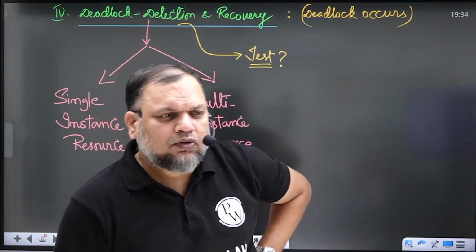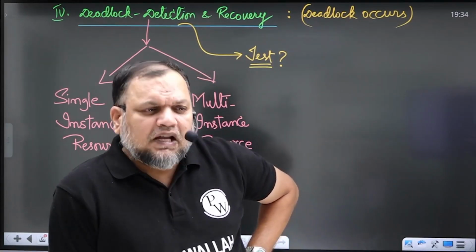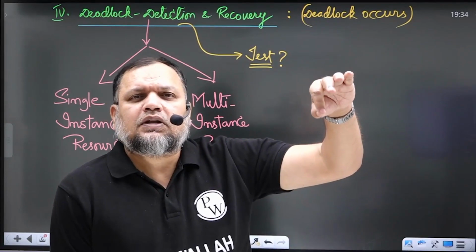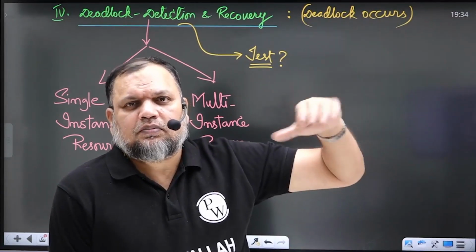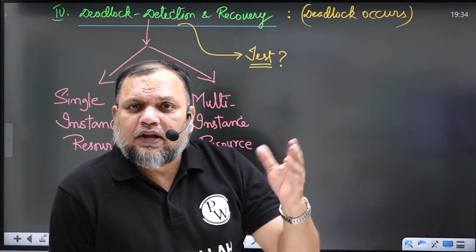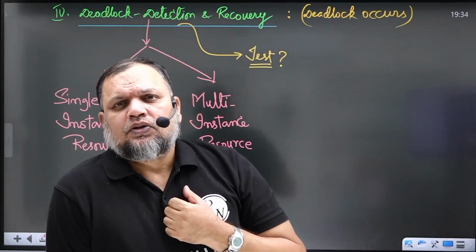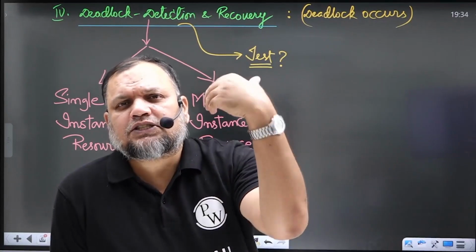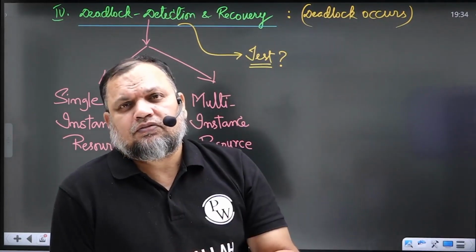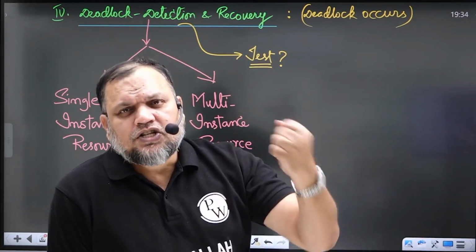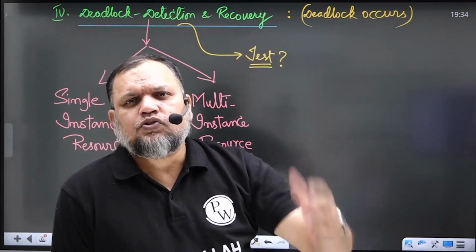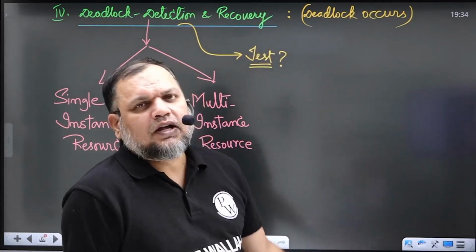In the literature it is not there, but based on my experience, deadlock detection and recovery is just like a doctor's algorithm. You have a symptom, you approach the doctor, and the doctor subjects the patient to the test. The result may be positive or negative. If it is positive, the doctor initiates recovery. If it is negative, the doctor says nothing to worry about, enjoy life. The same way it happens here.